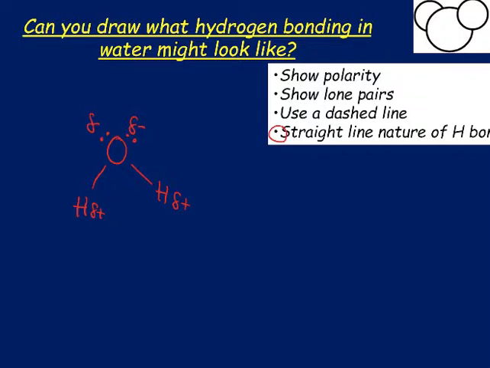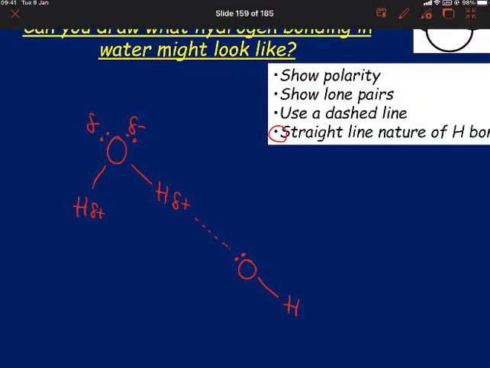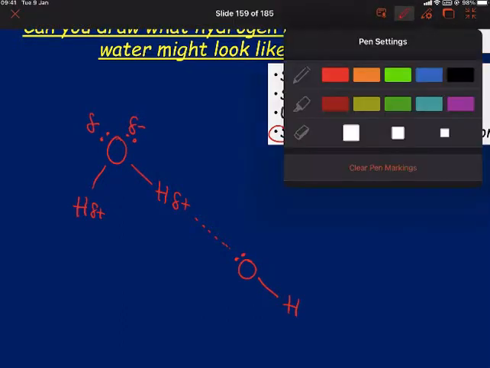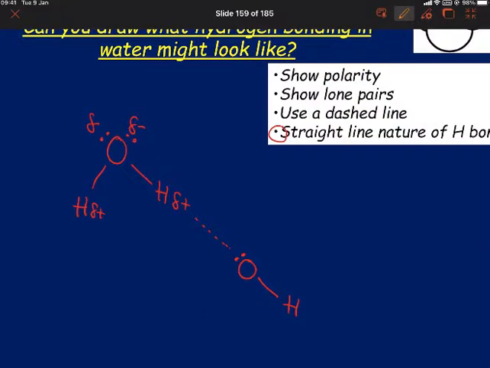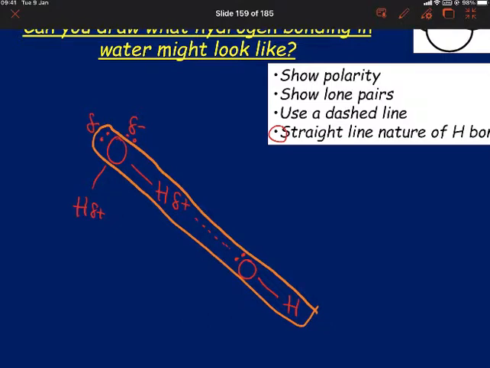What that means is the hydrogen bond will bond with the lone pair that's in a line with it, and this whole thing is now in a straight line. This is really important, that this whole thing is in a straight line. So that's what that little last point means.